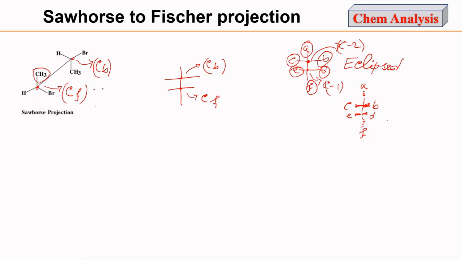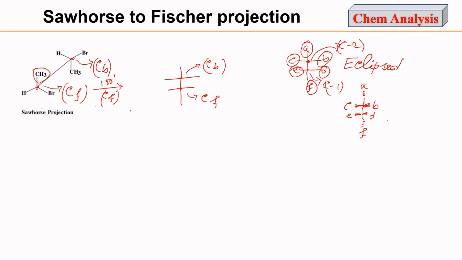For that, if you rotate the molecule by 180 degrees on the front carbon, either clockwise or anticlockwise, it does not matter, it will give the same structure since it is a 180 degree rotation.